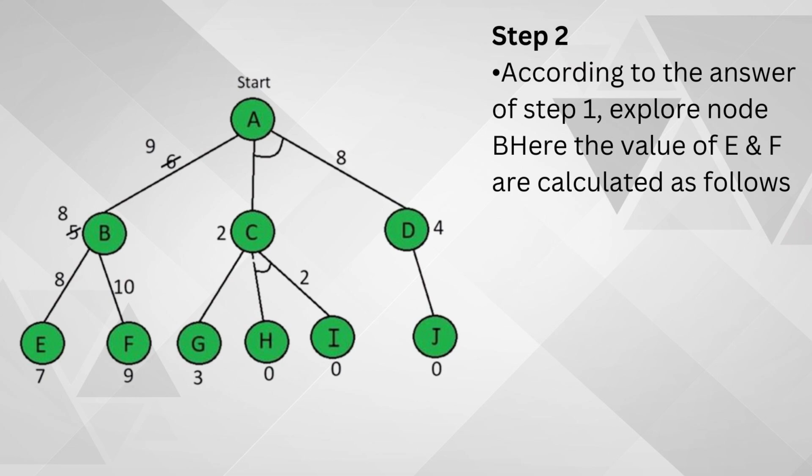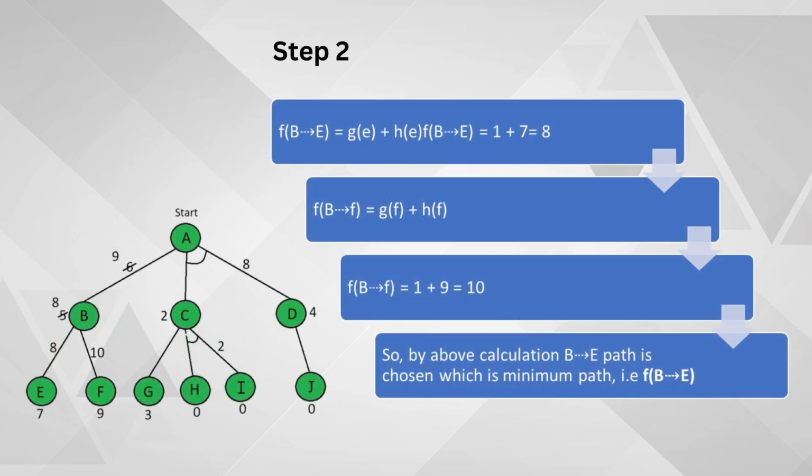Here the values of E and F are calculated as follows. F of B to E is equal to G of E plus H of E, that is 1 plus 7, equal to 8. Now F of B to F is equal to G of F plus H of F, that is 1 plus 9, so the total is 10.